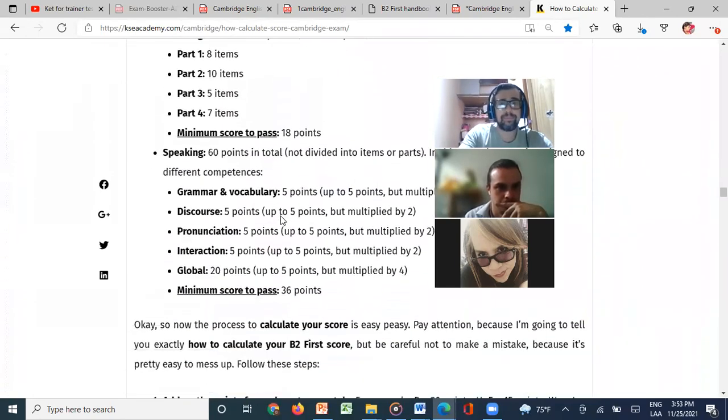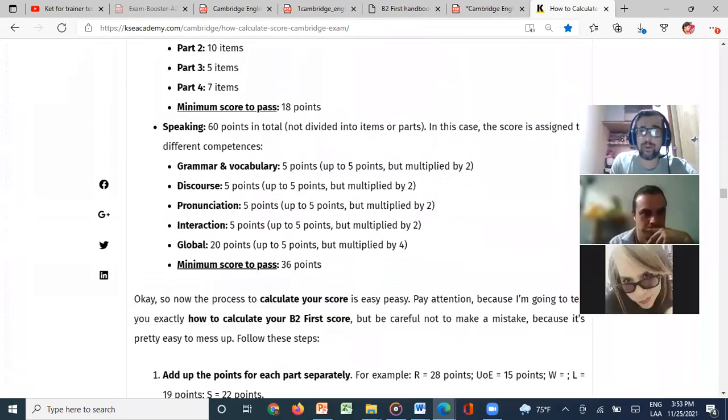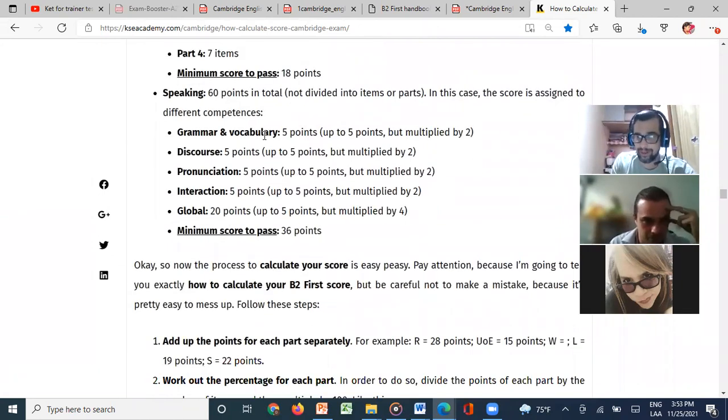Okay, I'm going to evaluate grammar and vocabulary, discourse, which is the way that you express yourselves, right? Pronunciation, interaction, and global. In this case, the points are 60 in total, and the minimum score to pass is 36. Okay, so we're going to do this again.